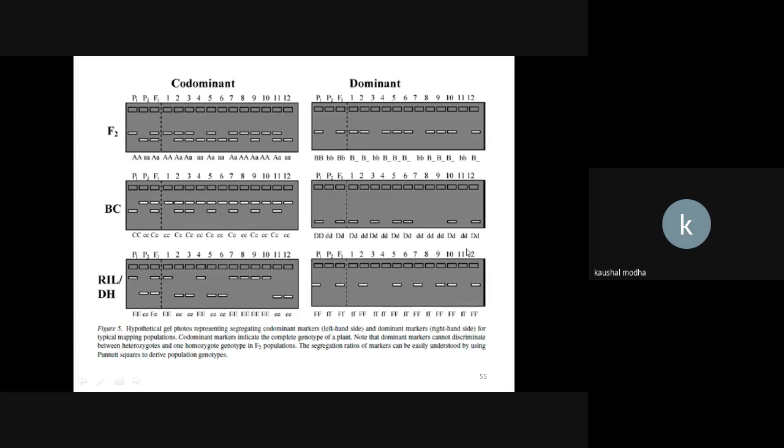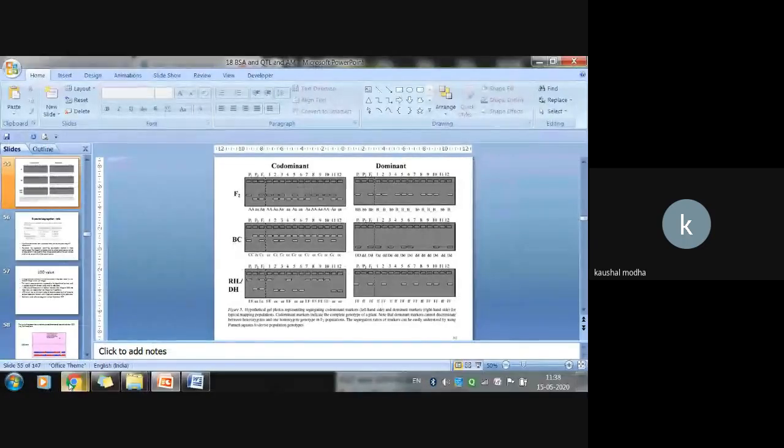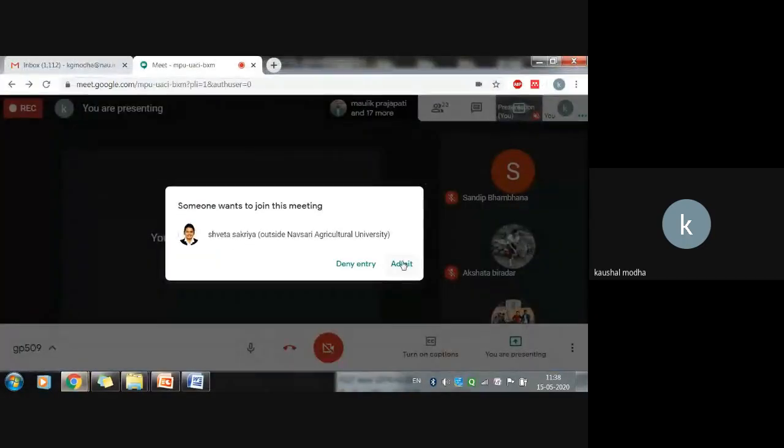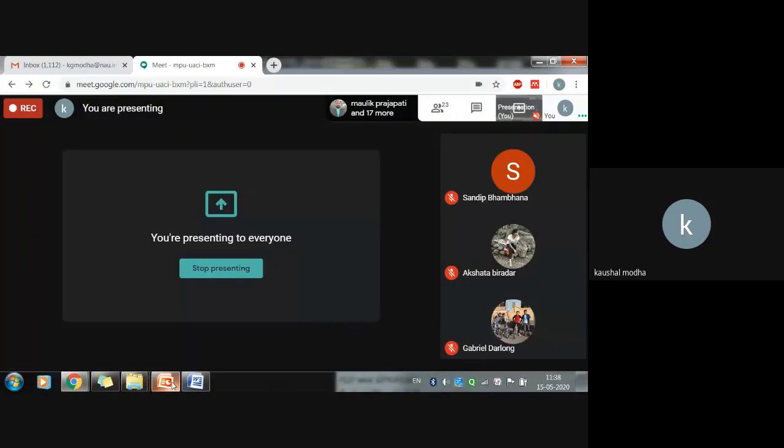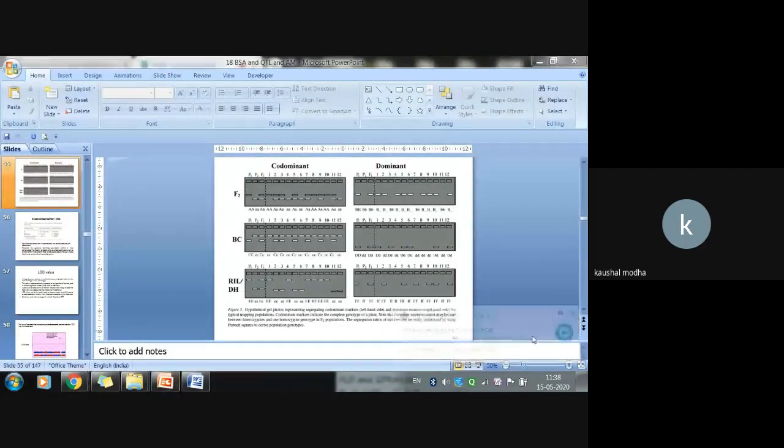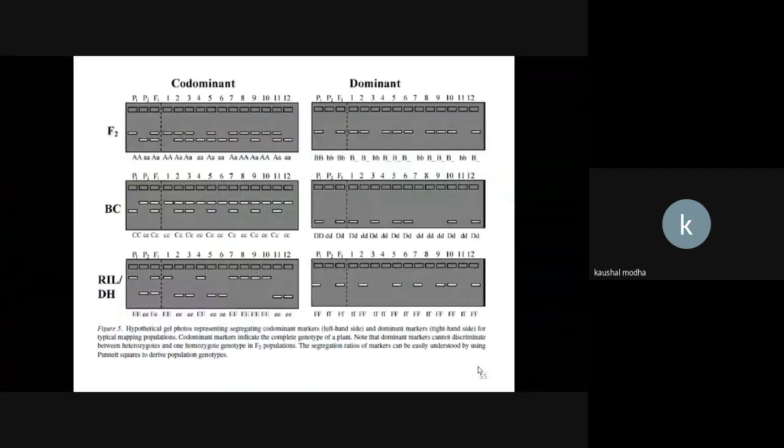And we can similarly analyze RILs and double haploids with a dominant marker. So you can see here in F2 the patterns are different, and codominant markers are more effective than dominant markers. In backcross, RIL and double haploid, where segregation is 1:1, dominant and codominant markers have equal efficiency.